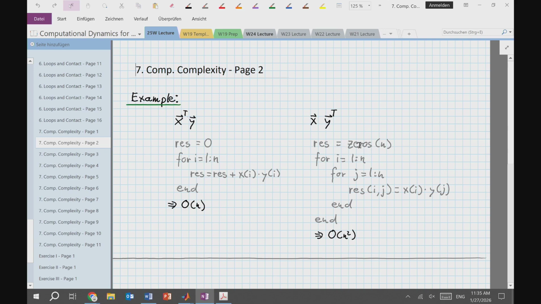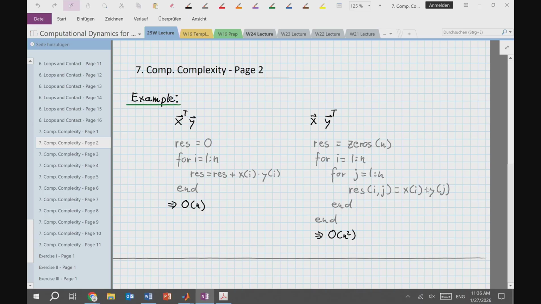And to compute the elements of this matrix, I now have to have two nested for loops. So I have my row index and my column index. And with this, I can directly compute the element ij, row column, which is the product of these two individual elements.